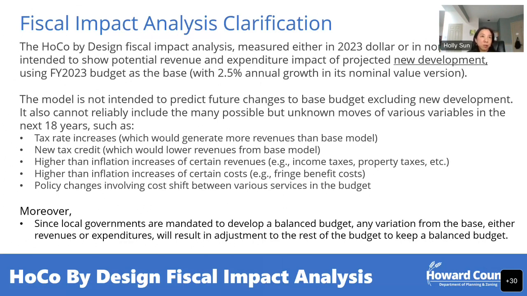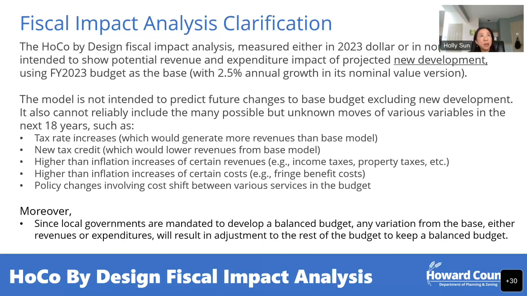So as a result, the base will be higher on both revenue and expenditure sides. And as a result, the new development exercise we're talking about is going to reflect a higher revenue and a higher expenditure per unit, right? So again, it's not a complete wash, but it can change the conclusion in terms of magnitude and also the long-term trend.